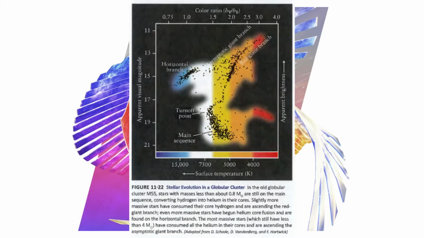We see here's the turnoff point, which means these stars are currently in the process of heading off to be a red giant for the first time. We see the red giant branch. So all these guys have already turned and gone that way. Some of them have already gone back down here and become horizontal branch stars. And then some have even already started going back up to become the asymptotic giant branch.